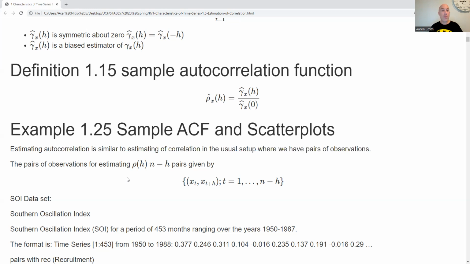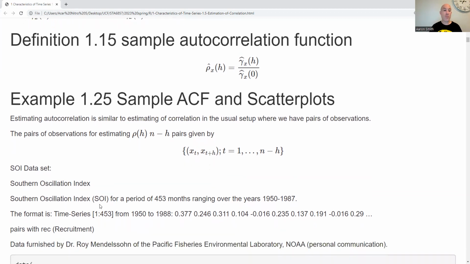H is the lag, and N is the number of data points I have. Then I'm going to have N minus h pairs of points I could potentially get. So I take my data, shift, and then compute that correlation for the N minus h pairs of points.